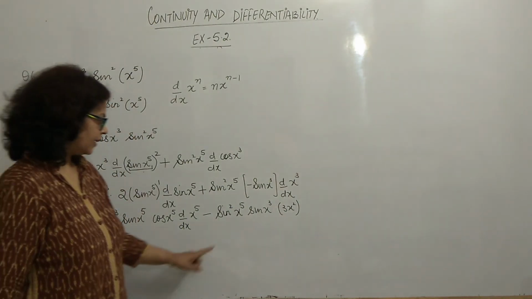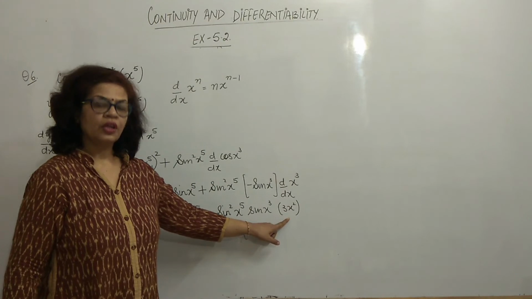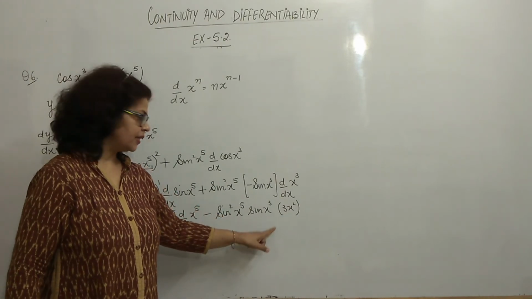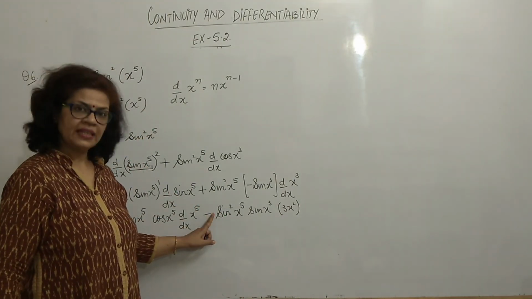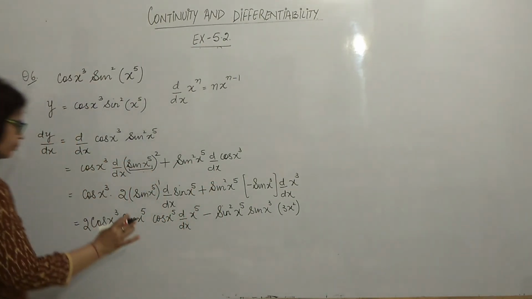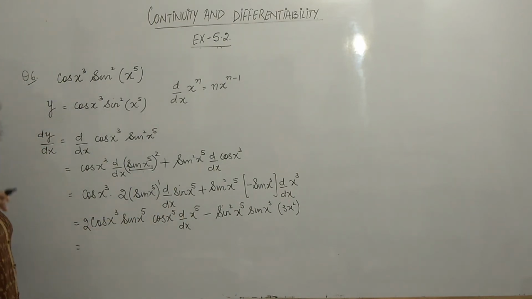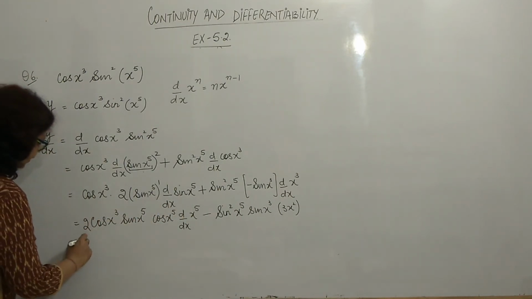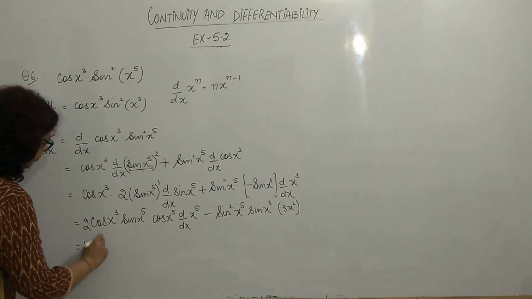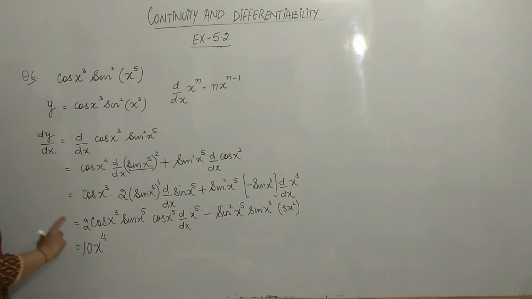Never write any single function of x at the end. You have observed I have always written in the starting whatever trigonometric functions are multiplied. So x to the power 5 will give you 5 x to the power 4, and 5 times 2 is 10 x to the power 4, any constant I am writing in the starting.